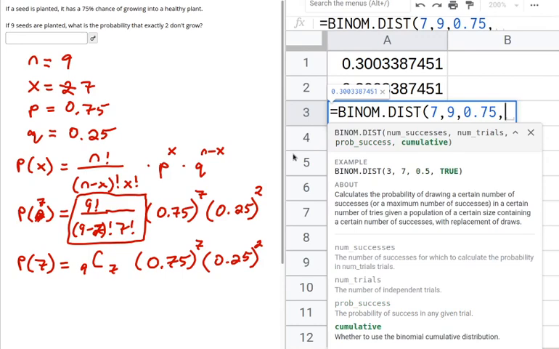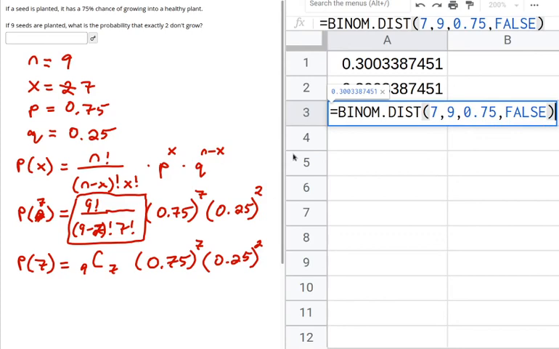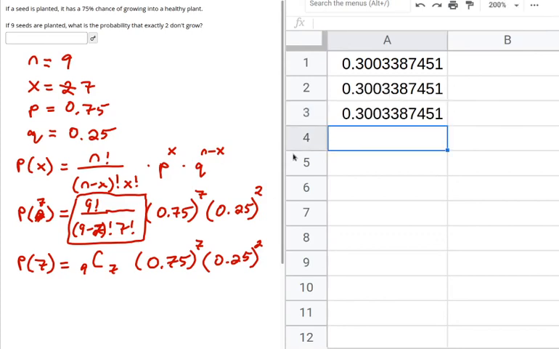And now here, it asks for cumulative. Cumulative, we would say true here if we wanted the probability of 7 or less. But since we want exactly 7, we're going to say false. And that calculates the probability all in one fell swoop.